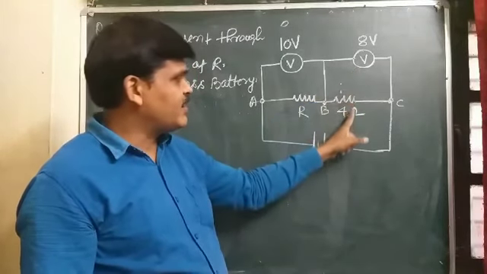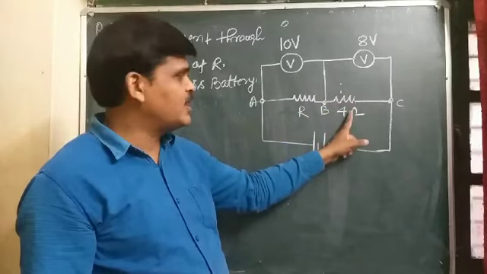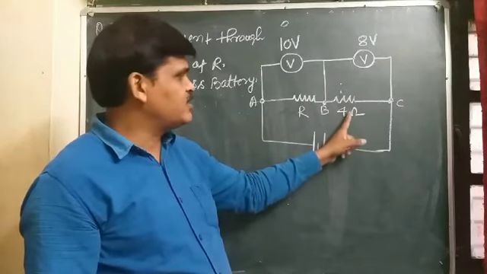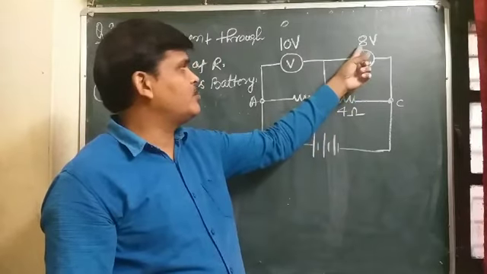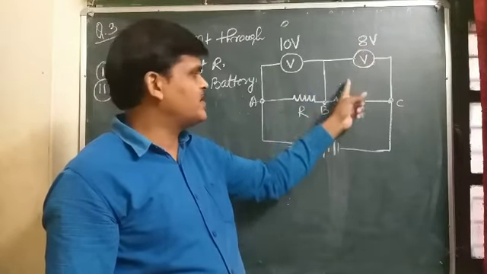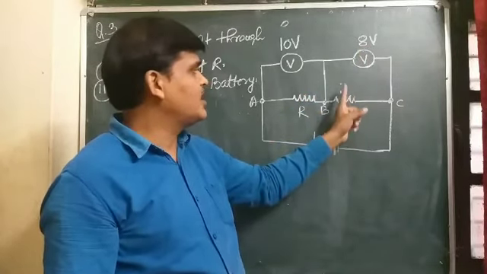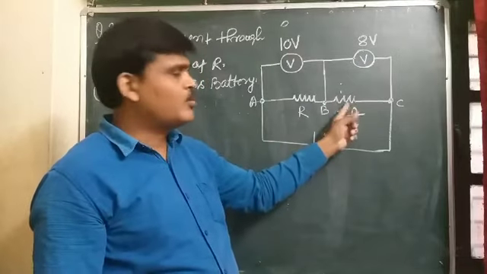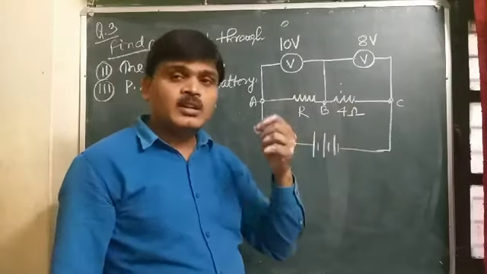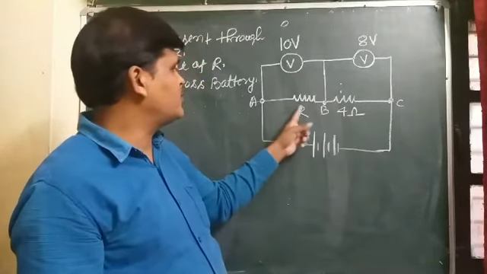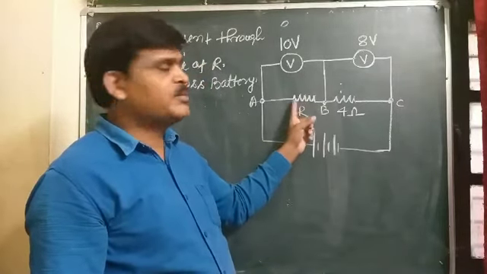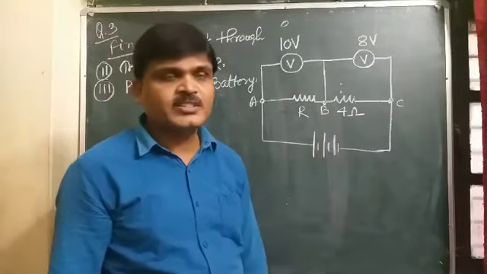And student, the potential difference across the 4 ohm resistance we know: the 4 ohm resistance has 8 volt potential difference. So we can easily find the current flowing through the 4 ohm resistance, and the current which flows through the 4 ohm resistance must also flow through the resistance R, because both are in series combination.